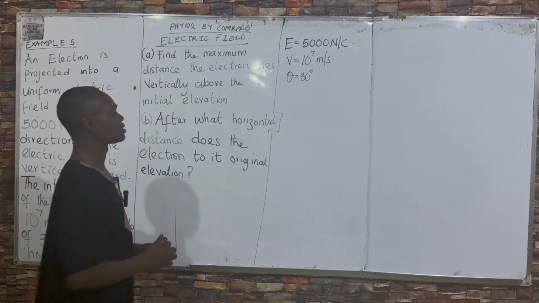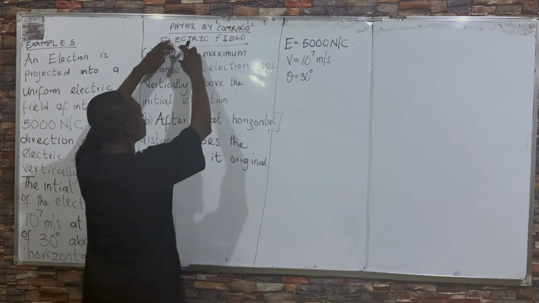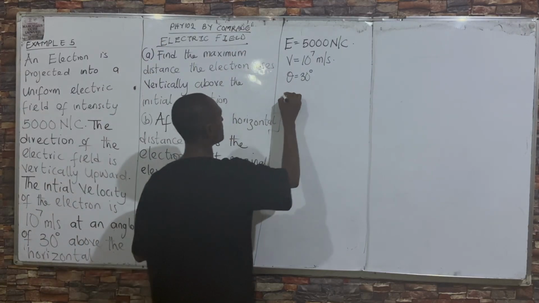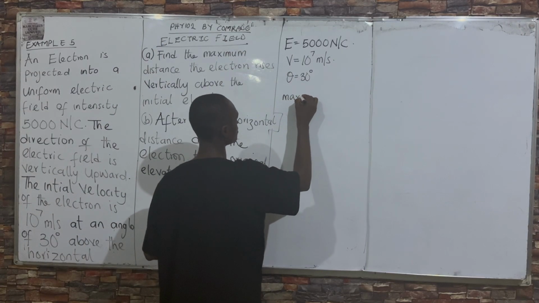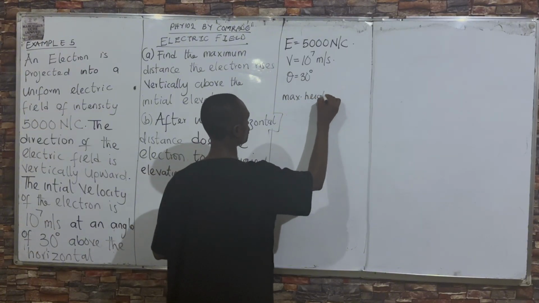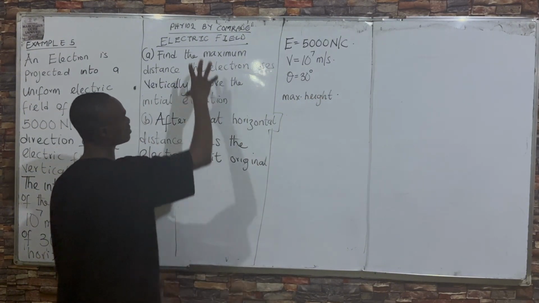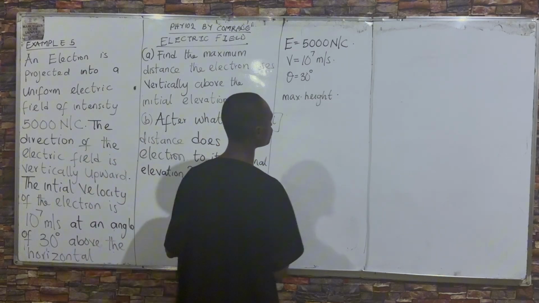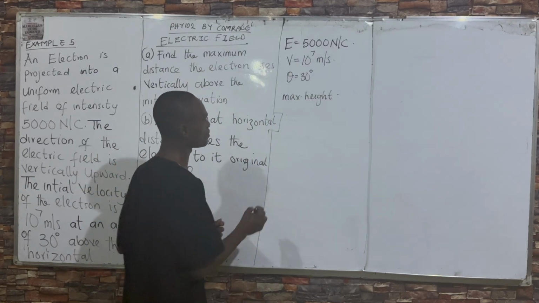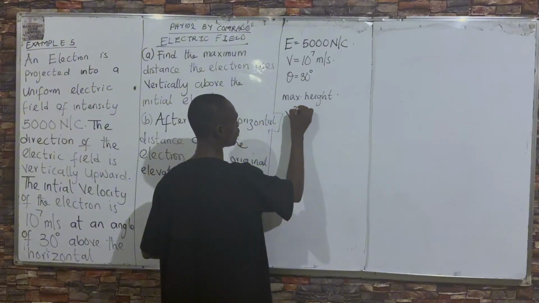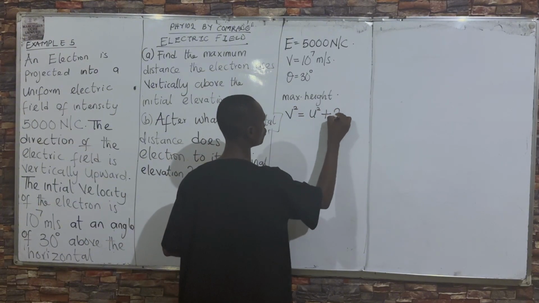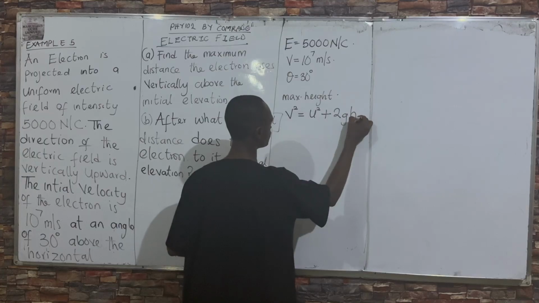Do not forget that from this particular statement, you are looking for what is called maximum height. And we understand that from projectile motion or motion under gravity, v squared is equal to u squared plus 2gh.